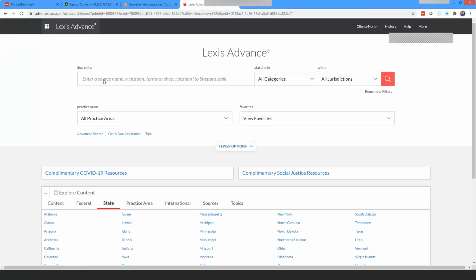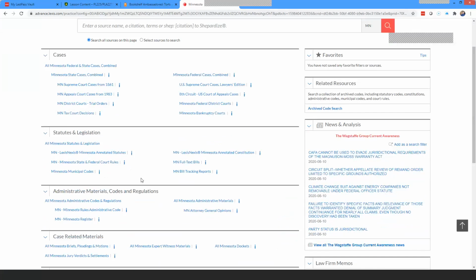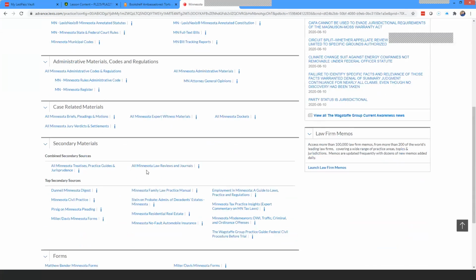So for Minnesota, let's see if it has secondary sources, secondary materials, practice guides. I would use Dunnell Digest probably for Minnesota, which is not available in other states. That would tell you more about the Minnesota tort law than a lot of other stuff.